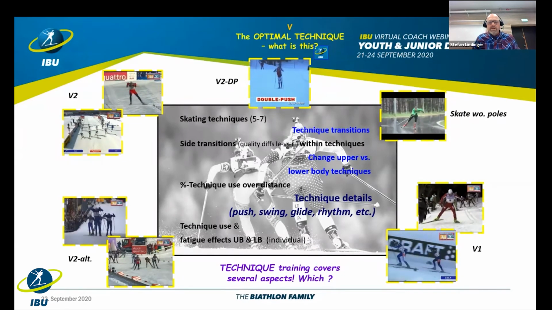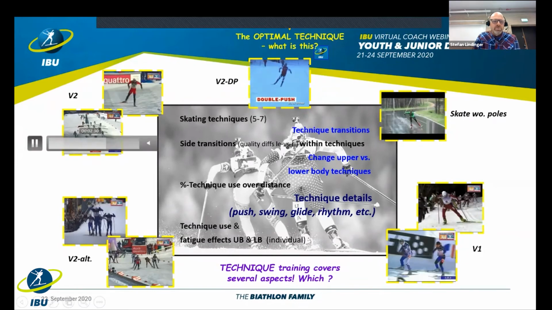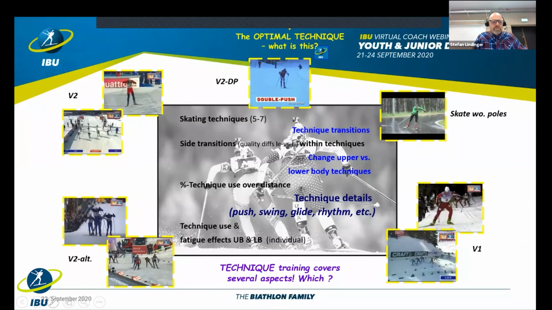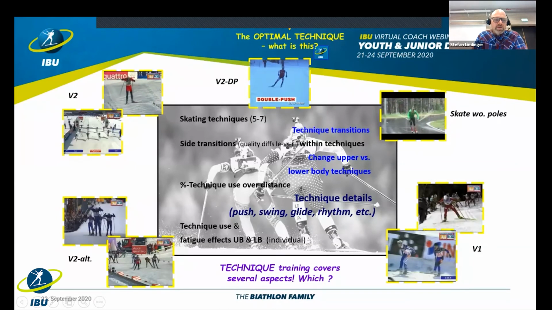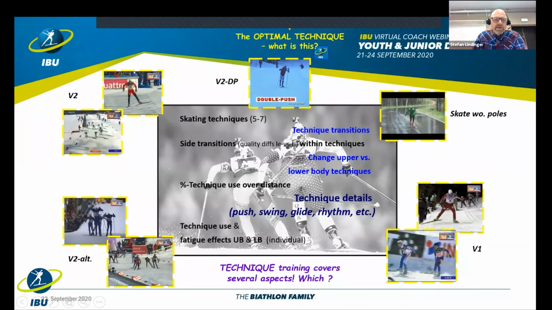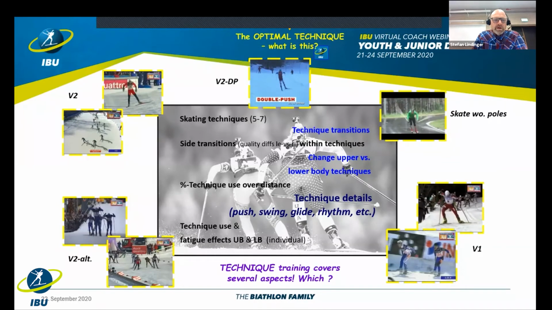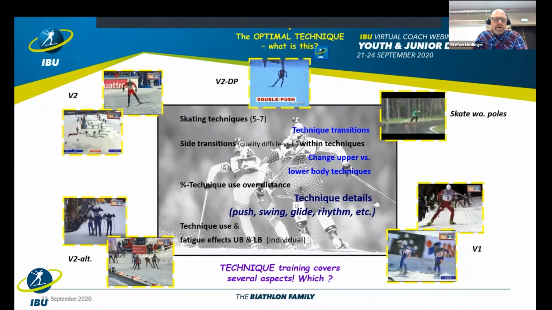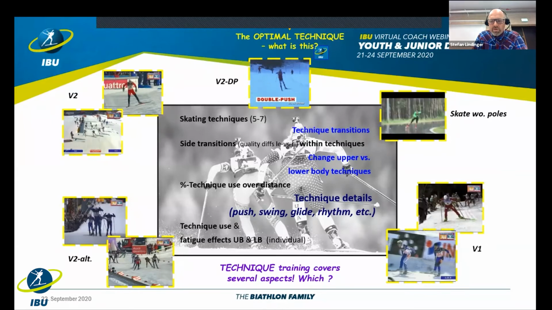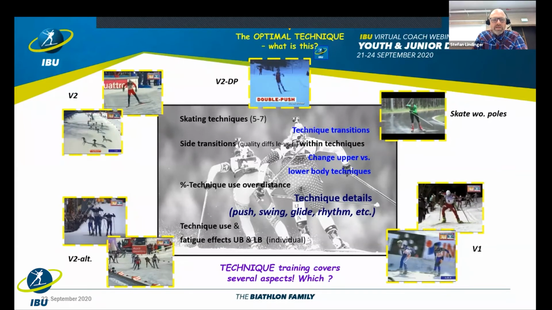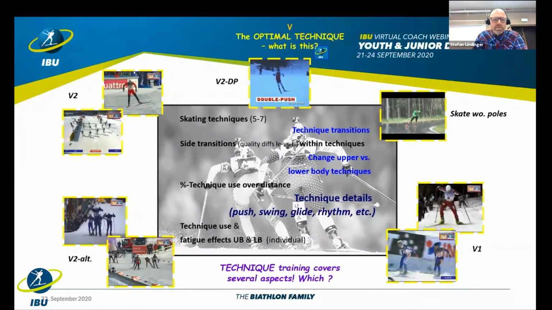It's a very interesting aspect, because if we look at the left side, V2 up here, we know from research and from studies and measurements that, depending a little bit on the incline, between 70 and 80% of propulsion is coming from the upper body and from the poles in V2.